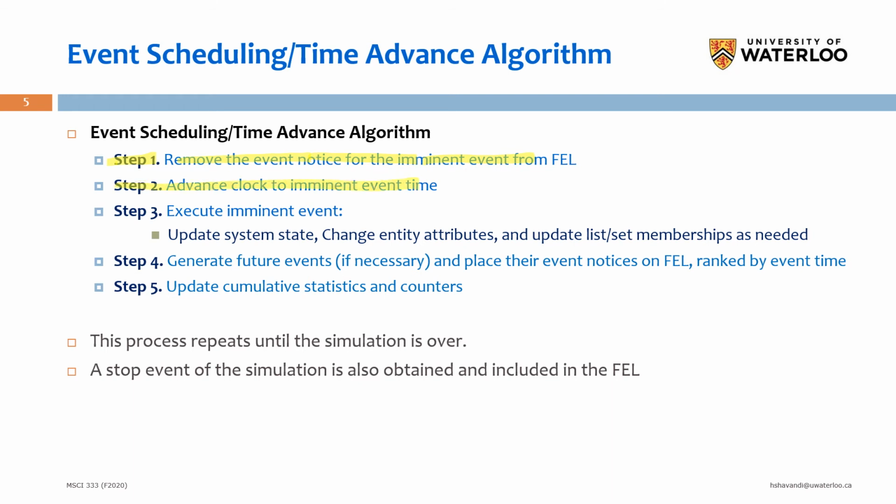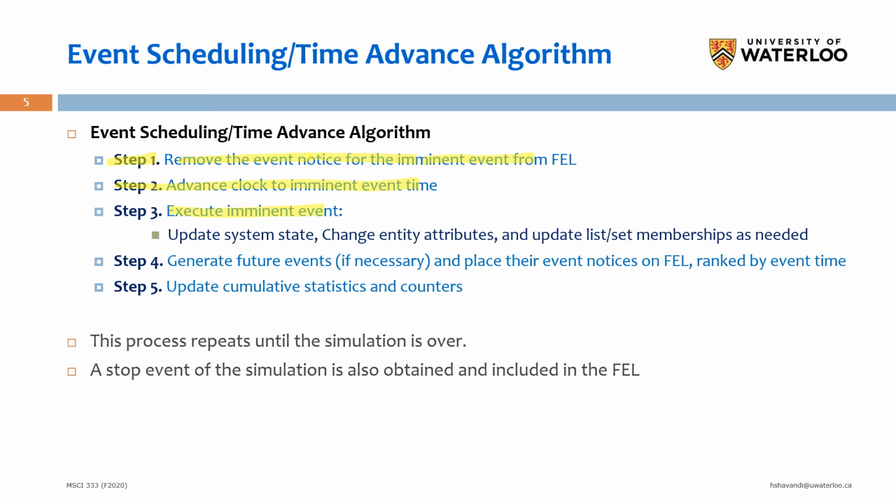Then we execute the imminent event. It depends on the type of the event. If it's an arrival, we see how the state variables will be changed by this event, or if it's a departure, again we see how the state variables will be changed. When we say execute, we mean we process the impact of the occurrence of this event on the system's state.